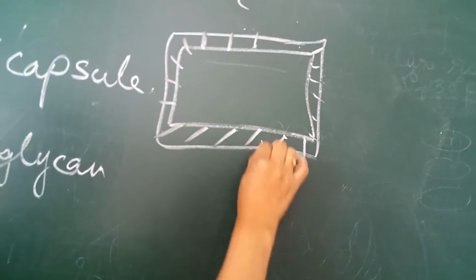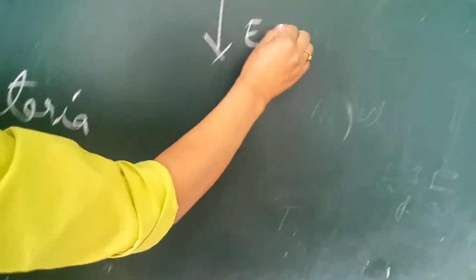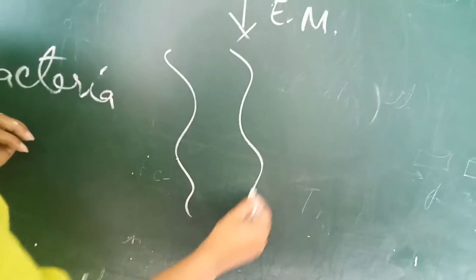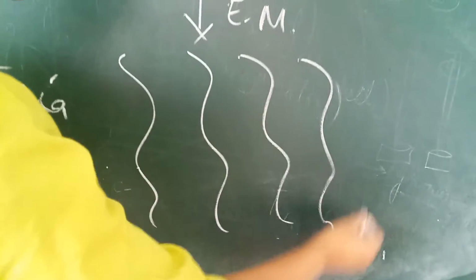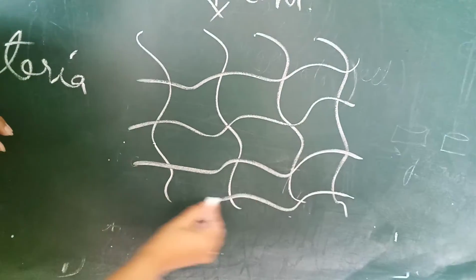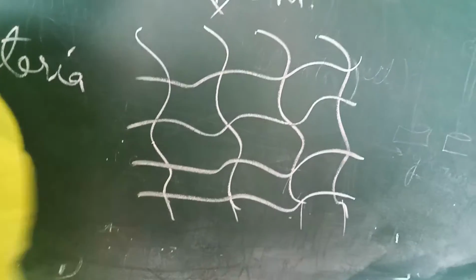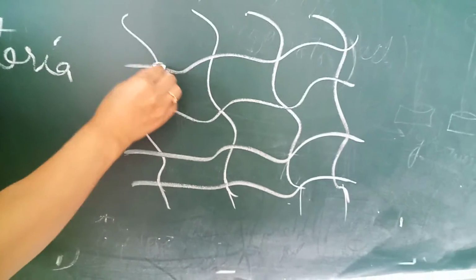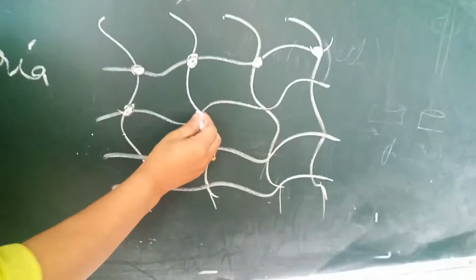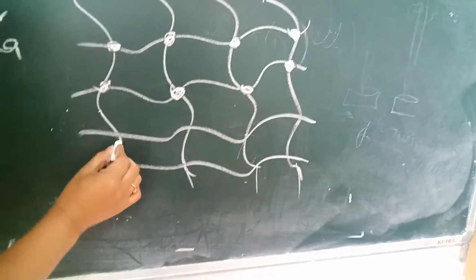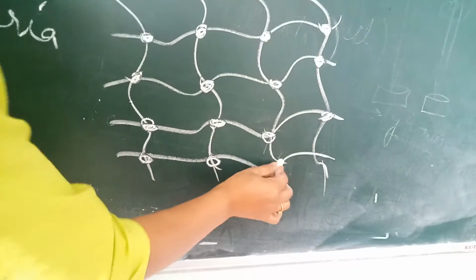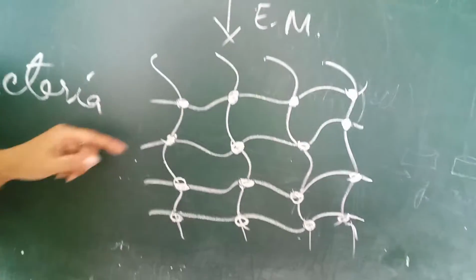Let us see this under the electron microscope. What would you see? This cell wall is made up of two polymers. Now these polymers are what make the cell wall very tough, very strong.